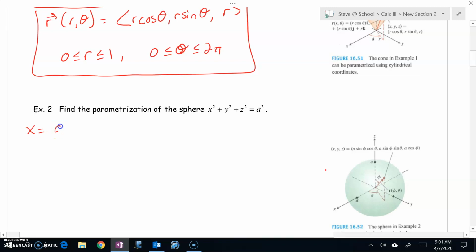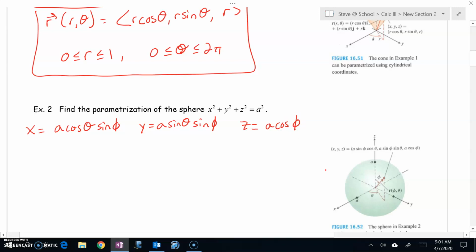So we're going to say a cosine theta sine phi. Sorry, it's phi. I keep messing that up, but that's okay. So we have a sine theta sine phi, and finally z is equal to a cosine phi.